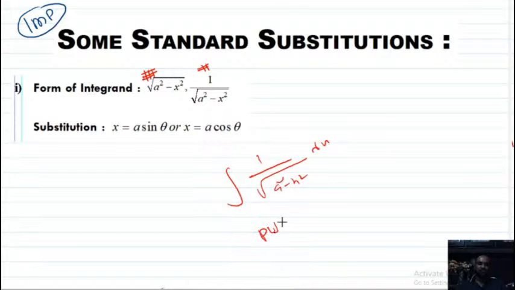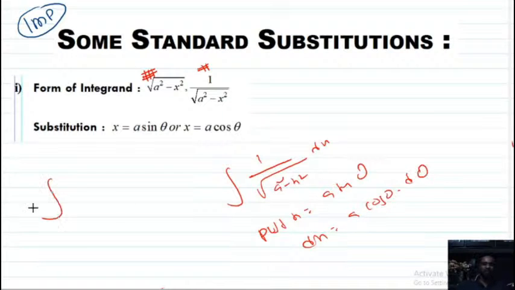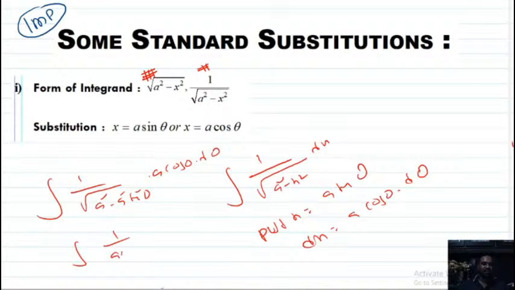Put x equal to a sin theta. dx equals a cos theta into d theta. So what happened to the problem? 1 by root over a square minus a square sin square theta into a cos theta d theta. This becomes a cos theta into a cos theta d theta, which is 1 into d theta. What is the meaning of that? Theta plus c.